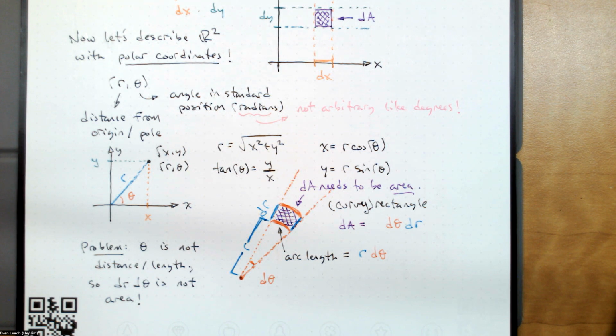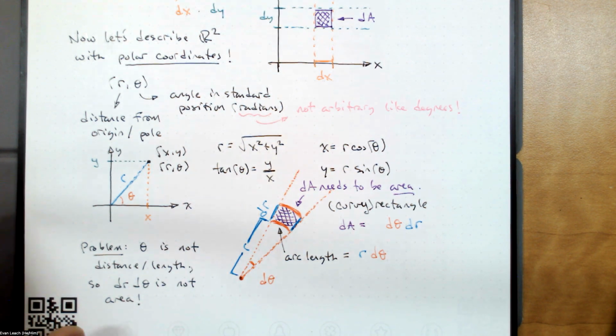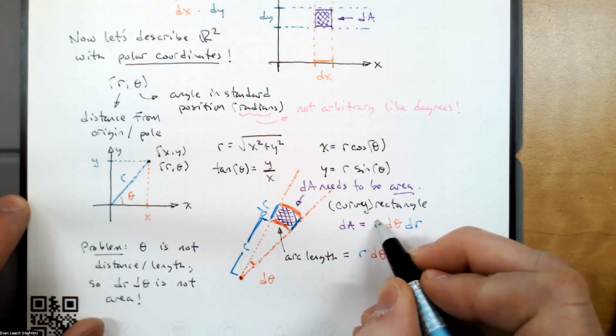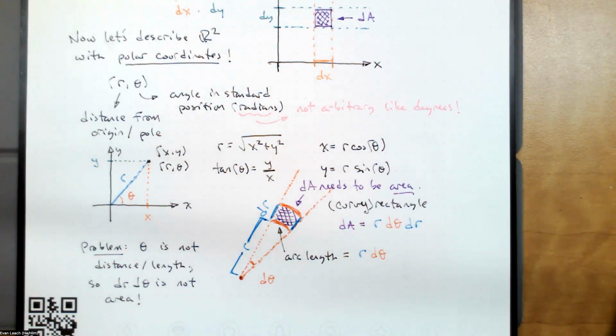But if we multiply the d theta by r, that's what we use for dA. So in polar coordinates, dA is r d theta dr. We need that extra factor of r to make d theta into a length. And we're going to keep them small enough that that curvy rectangle is rectangle enough.